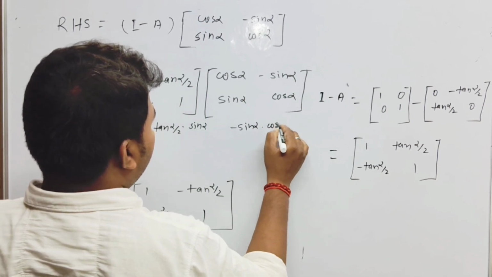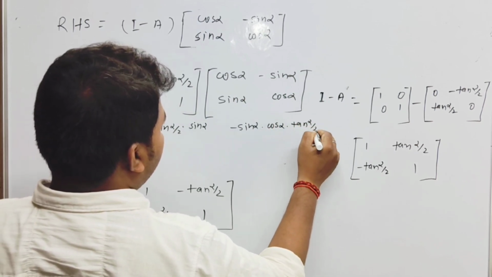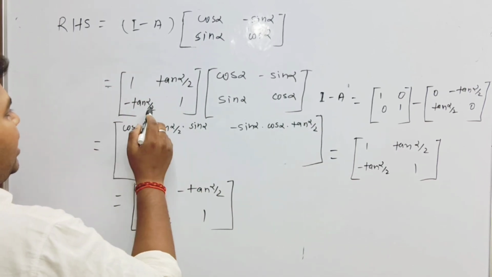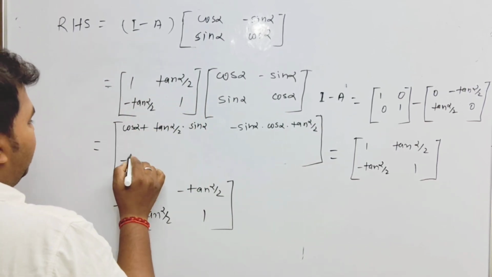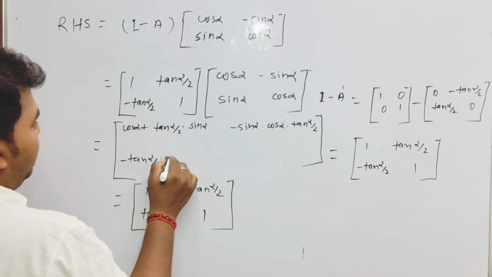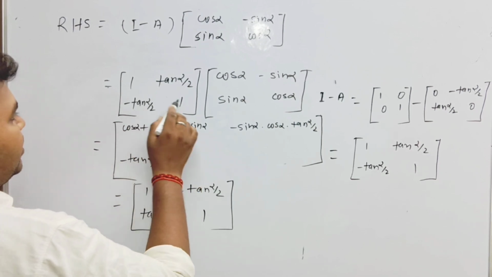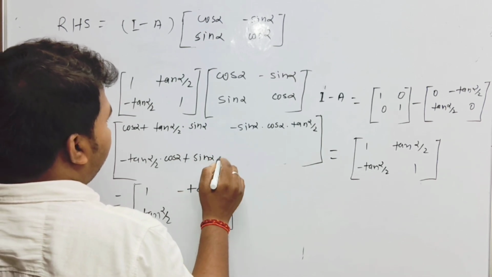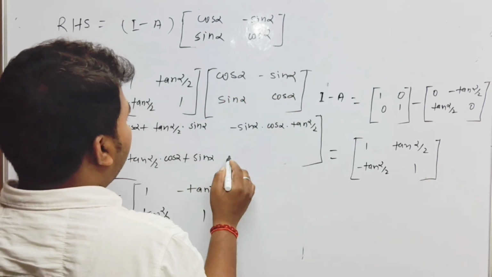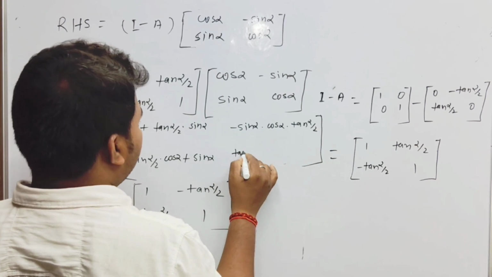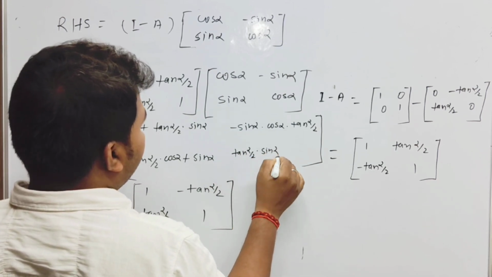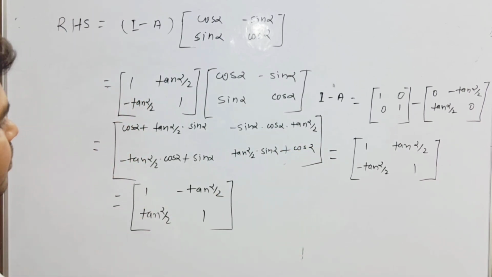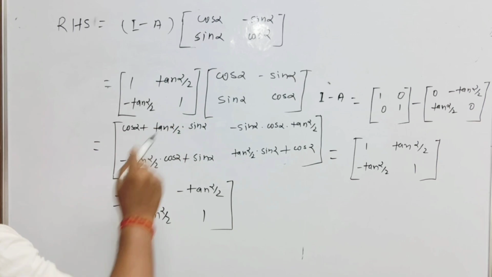Second row by first column: minus tan(alpha/2) into cos alpha plus 1 into sin alpha. Then minus tan(alpha/2) into minus sin alpha plus cos alpha. We can write the multiplication of these two matrices this way.